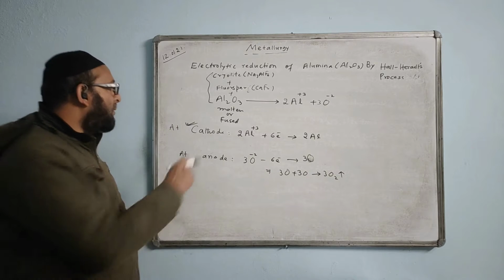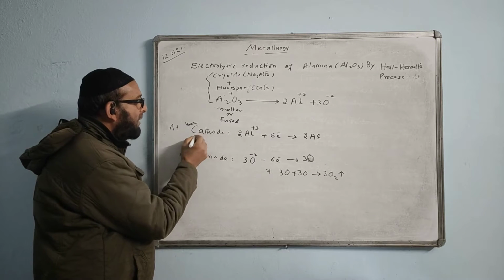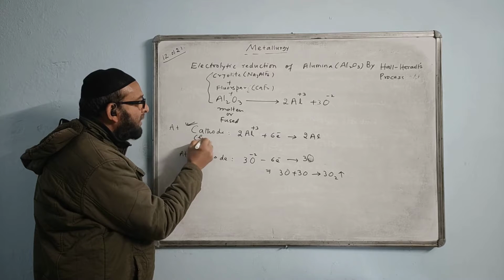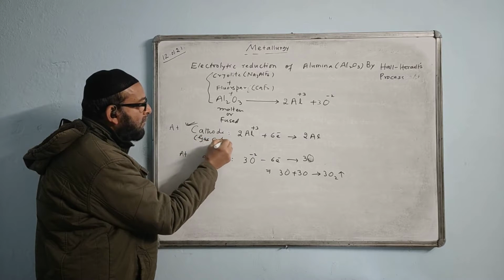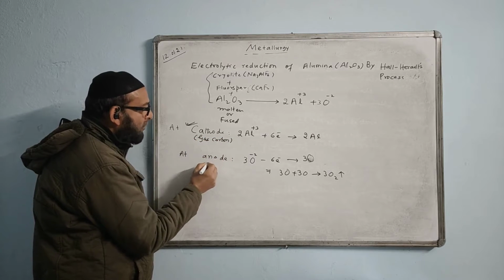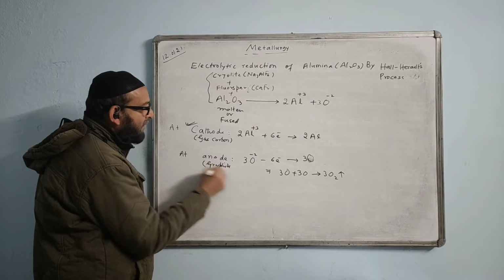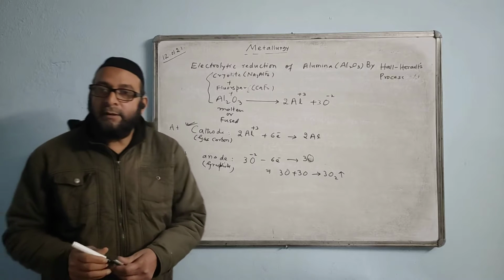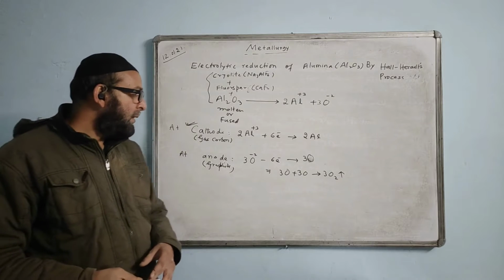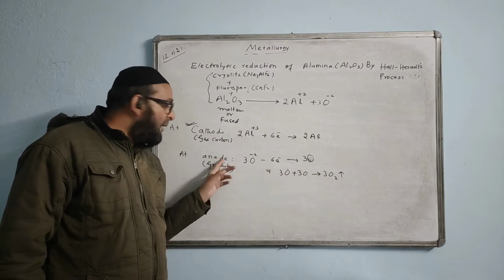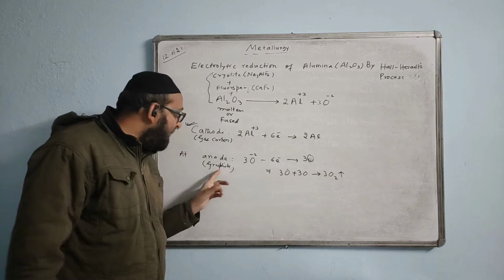Now I will tell you about the material for the cathode. The material for the cathode is gas carbon, and the material for the anode is graphite. Now I will tell you another important thing. The oxygen formed at the anode will react with the graphite.